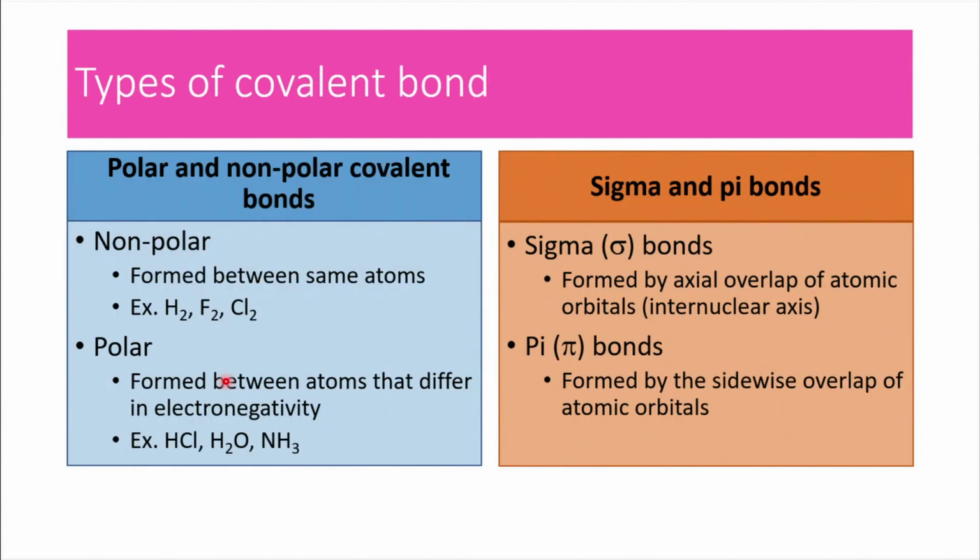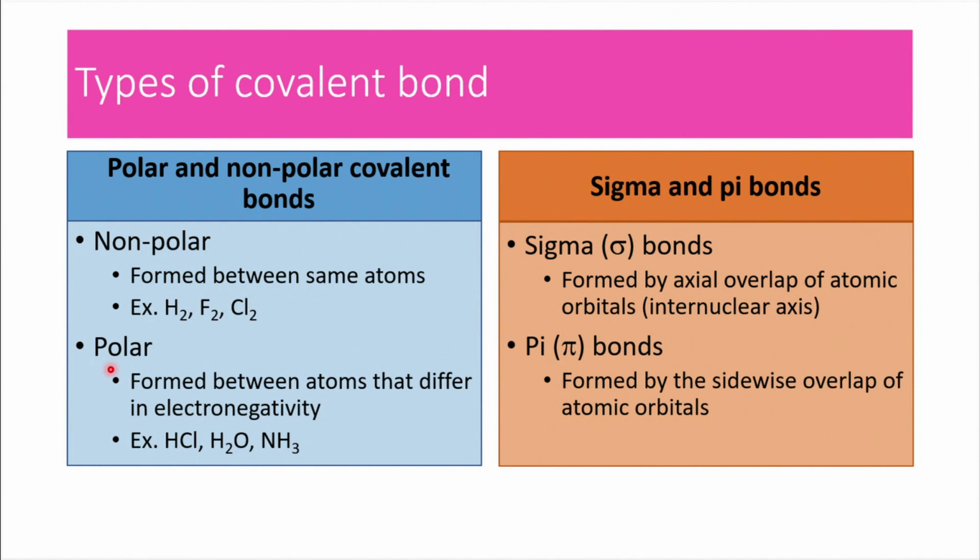Covalent bonds can be categorized under different categories. One is polar and non-polar covalent bonds, or sigma and pi bonds. When we look at polar and non-polar covalent bonds, some examples of non-polar covalent bonds include bonds formed between the same atoms, that is between hydrogen, fluorine, chlorine, like that given here.